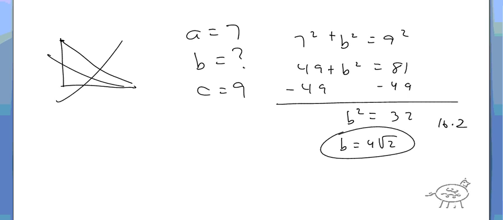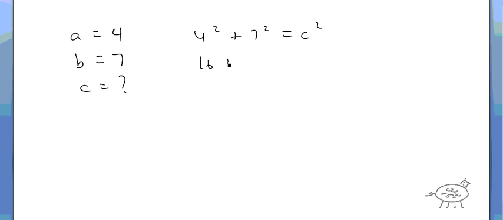And you can't always simplify it. Let's do another one here. What happens if I give you A is 4, B is 7. Find C. Well, that's 4 squared plus 7 squared equals C squared. So 16 plus 49 equals C squared. So that's going to be 65.